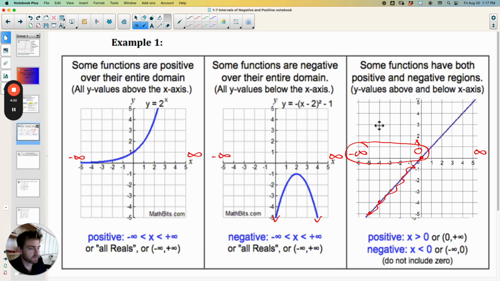I'm going to write it like this, negative infinity to 0, and I'll put parentheses, because we do not include this point 0. Think about what the y output is whenever x is 0. The y output is 0, because it's right here on the x-axis. Because of that, we do not include 0, because 0 is neither positive nor negative. And same thing for above here: we know that it is positive from 0 to infinity.